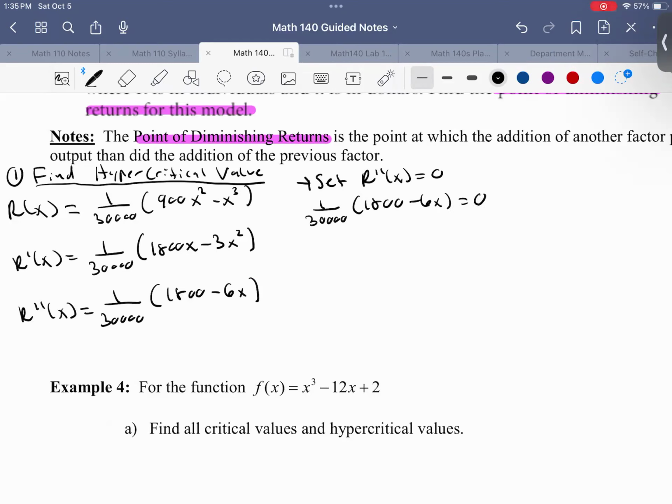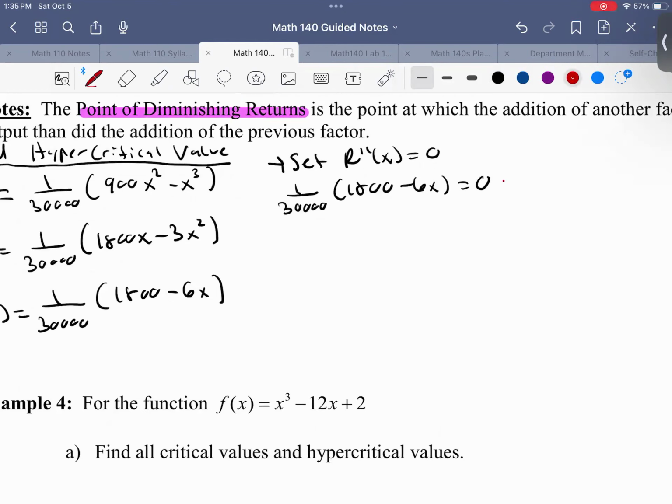I'm going to solve for x now. So I'm going to multiply both sides by 30,000 so that I can cancel that out. Then what I'm left with is 1800 minus 6x equals 0 still, right? 0 times anything is 0. And now I'm just going to solve for x.